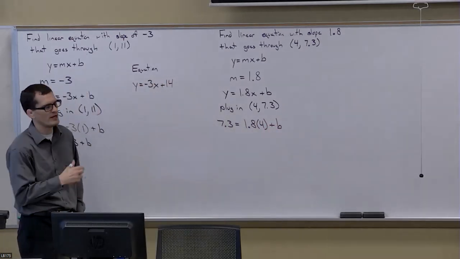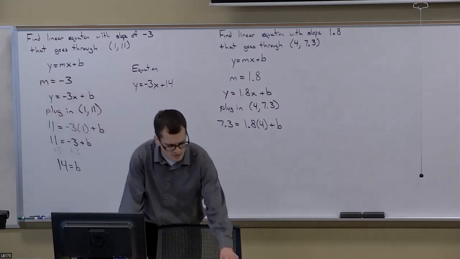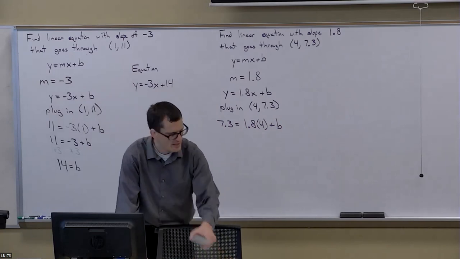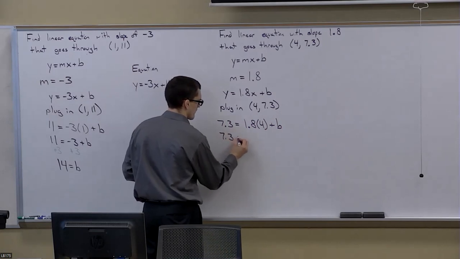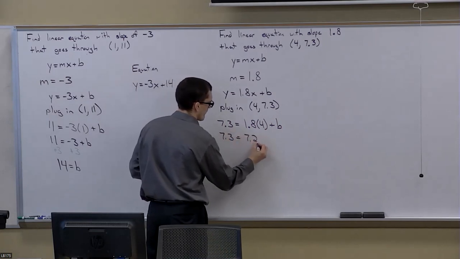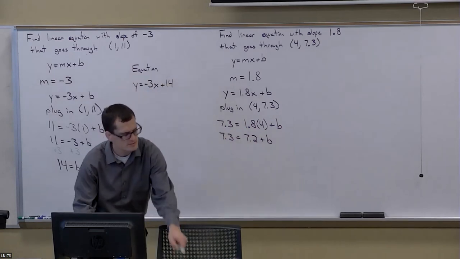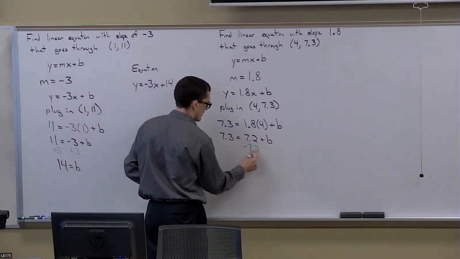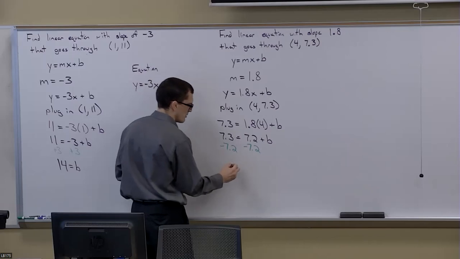Since we go through that point, it makes my equation true. I can do that. 1.8 times 4 is 7.2. When you subtract 7.2 from both sides, you get 0.1.